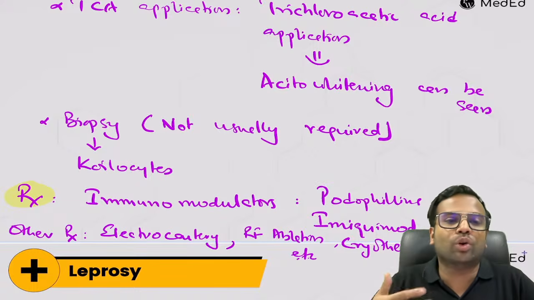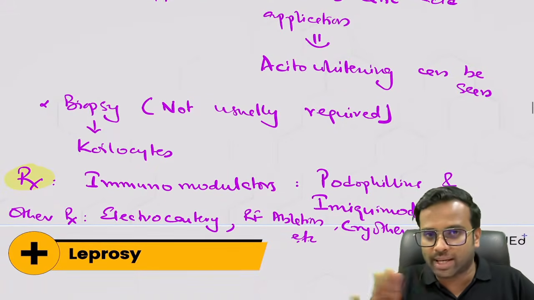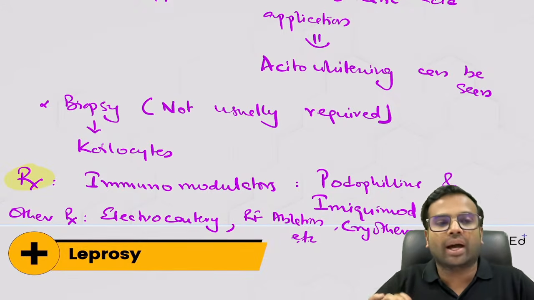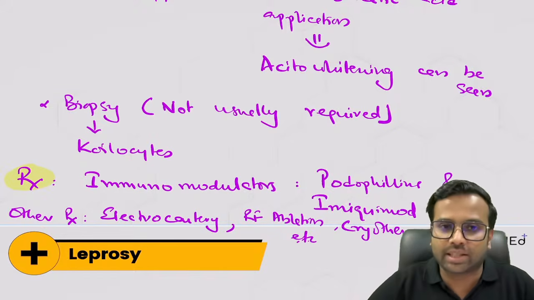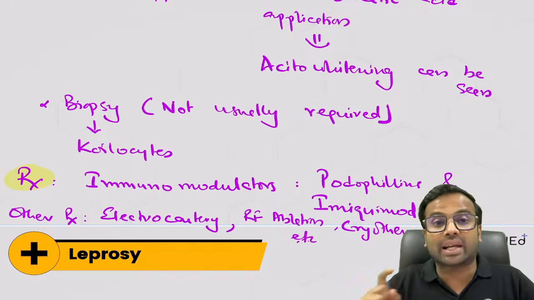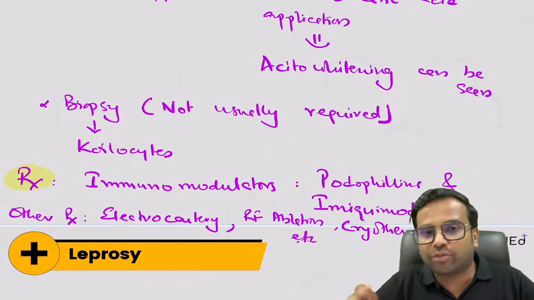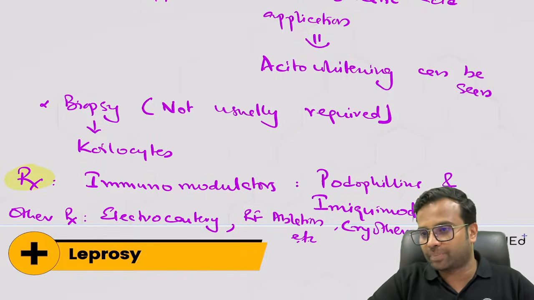So these are immunomodulators. These are available as topical agents, like creams. So podophyllins and imiquimod. Electrocautery is cauterizing the skin with electricity. RF ablation is radio frequency ablation. Cryotherapy is by freezing the skin. So all these are different procedures that can be used. I hope I'm clear.